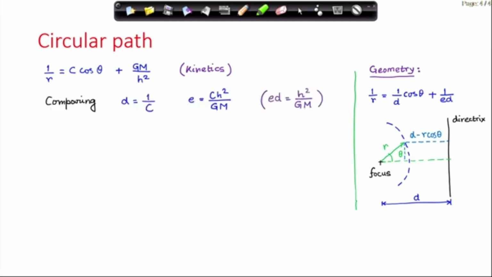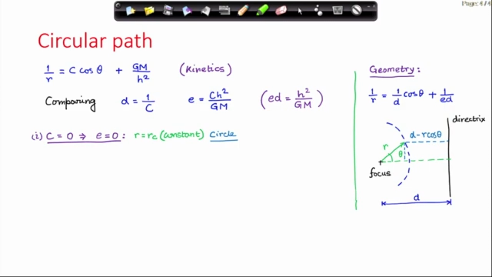With this redefinition, d is 1 over c and eccentricity is c times h square by g m, and hence the product E d is h square by g m. So, with these definitions, they are the same. Therefore, the solution is a conic section.